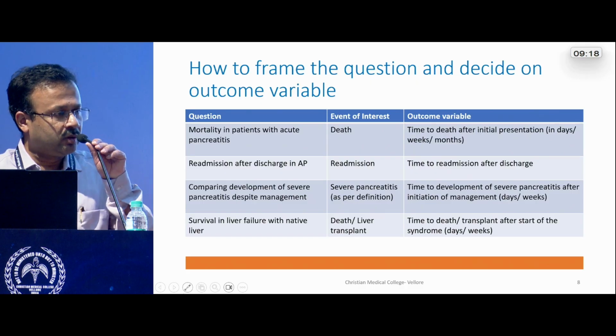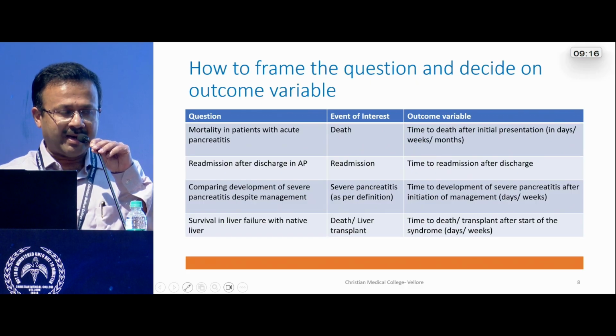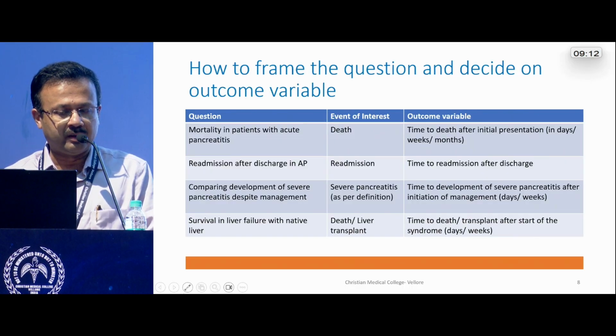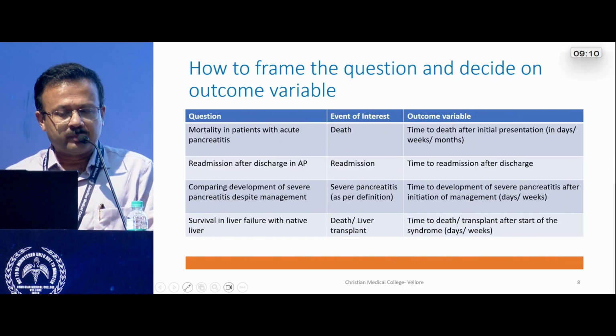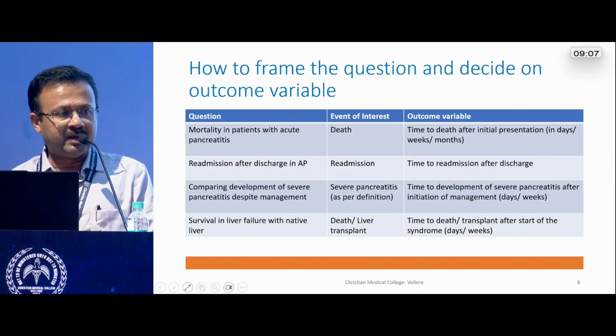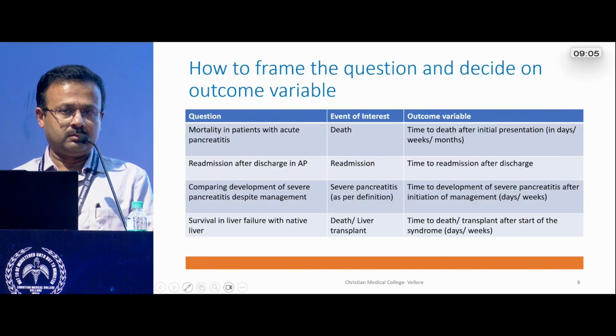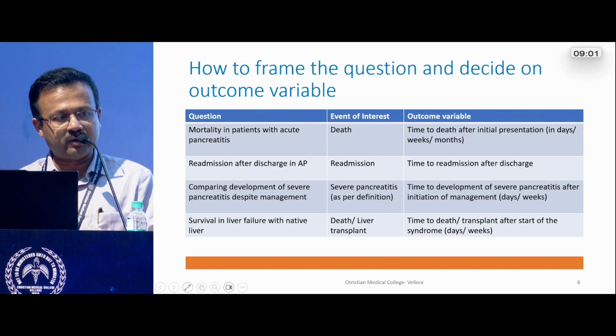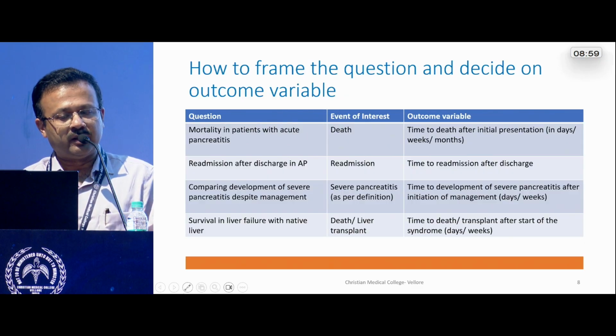Now one of the most important aspects of research is framing a research question, which I think we will hear from Dr. JP. But if I look at what can be answered in this survival analysis, so suppose my question is, what is mortality in acute pancreatitis?